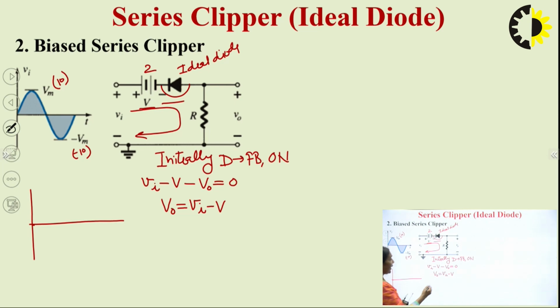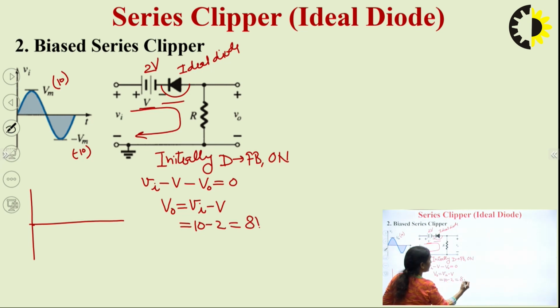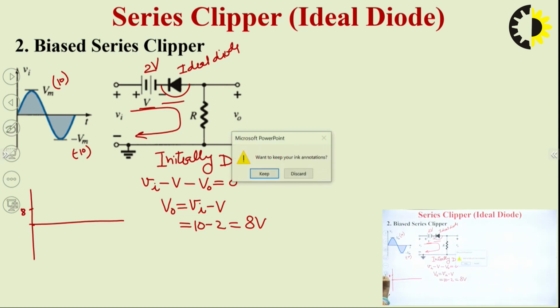That means, if Vi is 10 volt and V is 2 volts, then V naught will be equal to 8 volts. That means, at t is equal to 0, your output will be equal to 8 volts. Now, we keep on increasing this voltage.